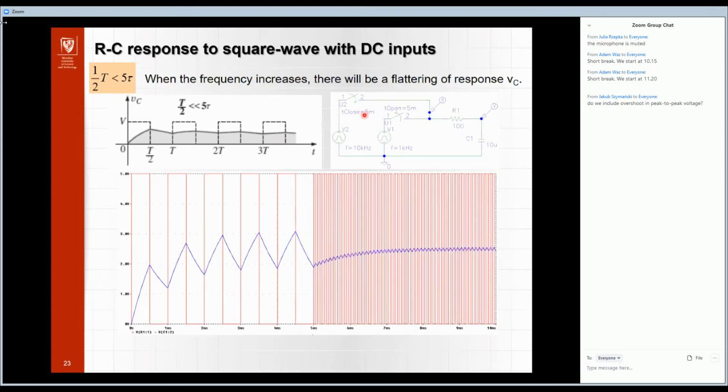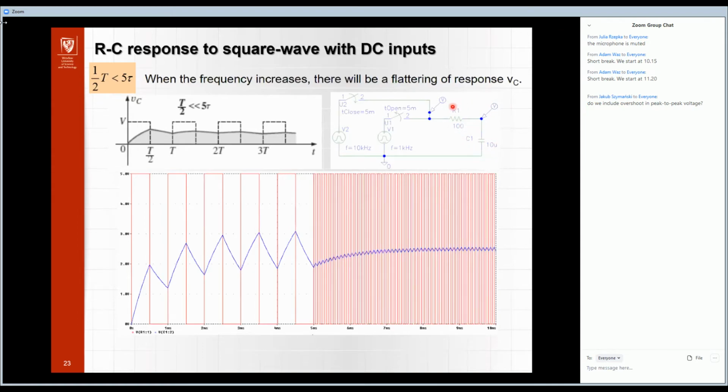But when I increase the frequency, so I change the relation between tau and frequency, we obtain smaller changes. And you must remember that this simple circuit is a low pass filter, or just an integrator. It's also called the integrator.